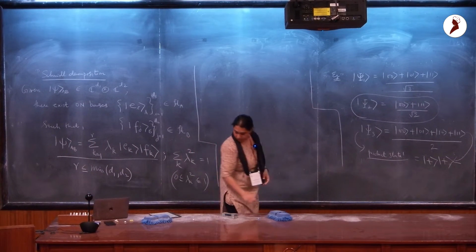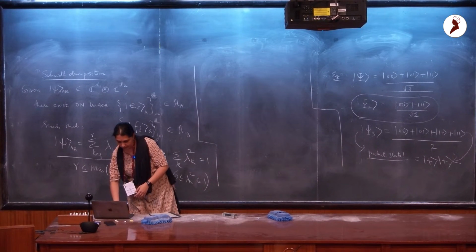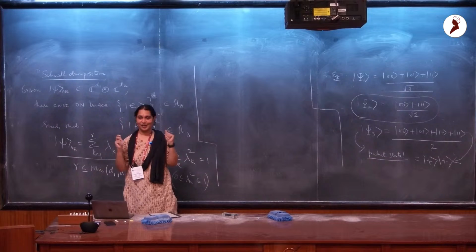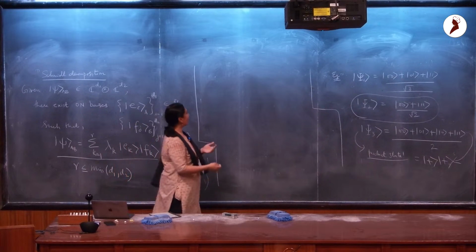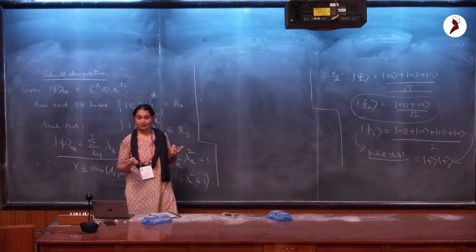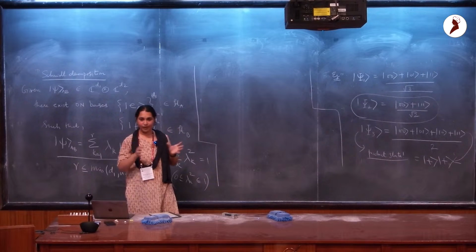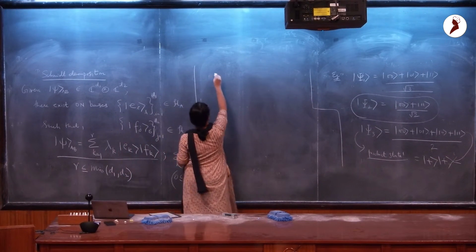Okay, so why is this true? Why should there exist these bases? So the answer comes from, like I said, something called the singular value decomposition. Is everyone here familiar with the singular value decomposition? Yes? No? Okay, so you're all familiar with an eigenvalue decomposition, which basically says that if a matrix is diagonalizable, and there are some matrices which fall into that category, then there exists a unitary.